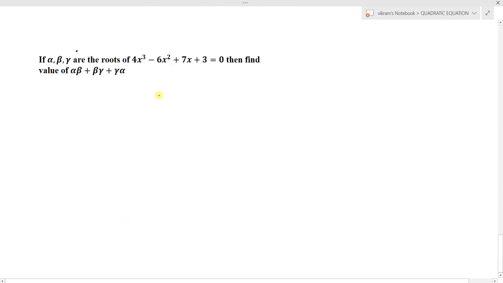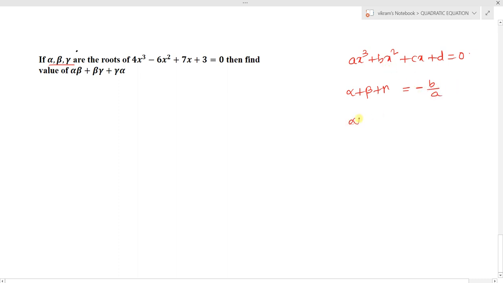Now consider the question: if alpha, beta, gamma are the roots of 4x^3 minus 6x^2 plus 7x plus 3 equals 0, then find alpha beta plus beta gamma plus gamma alpha. We have seen that just before. For ax^3 plus bx^2 plus cx plus d equals 0, if alpha, beta, gamma are the roots, then alpha plus beta plus gamma, the sum of the roots, is minus b by a.